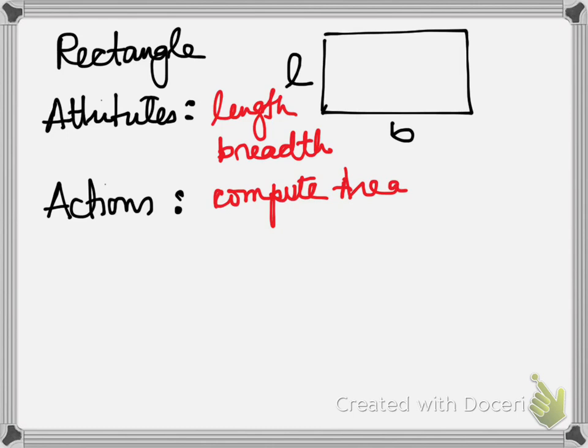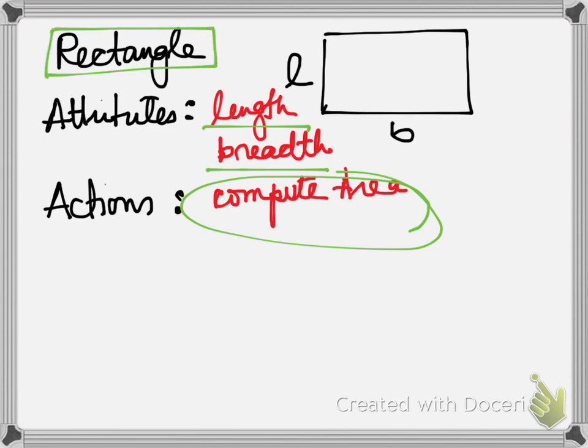So these are the attributes. The ones that you can see here are the attributes, and this here is the method or the action or the function. So I can have a class called rectangle, and then with these attributes and this particular function.